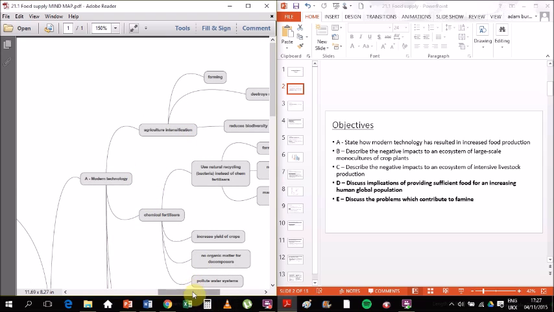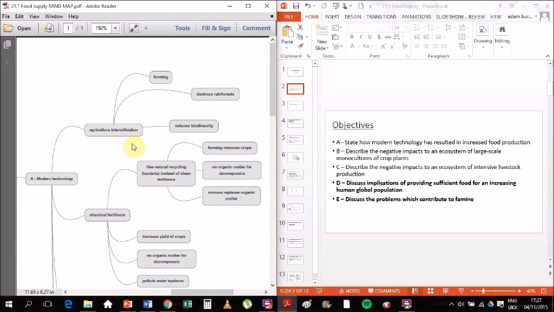Agricultural intensification is basically about farming, it says there. So it's about clearing land so we can use it for farms. It destroys rainforests because we have to clear them out to make way for the farms, and therefore reduces biodiversity. Now, biodiversity comes up all over this topic. Biodiversity is basically the variation of different organisms in a certain area.